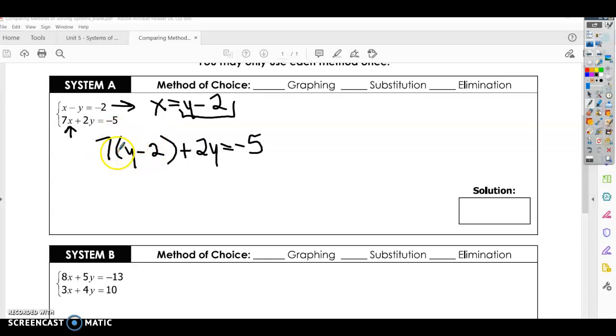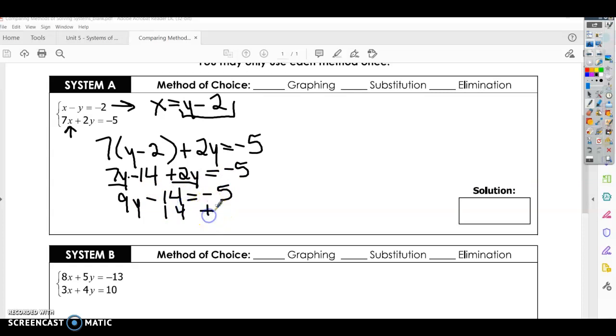All right, I'm going to distribute the 7. That's why we need our parentheses there, to make sure you distribute. So I've got 7y minus 14 plus 2y equals negative 5. 7y and 2y are on the same side of the equation, so you combine like terms. And then I bring down my negative 14 and my negative 5.